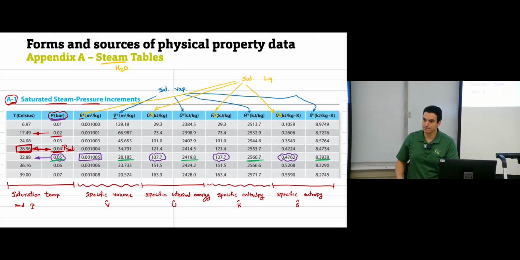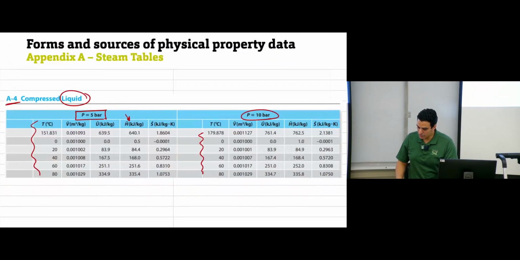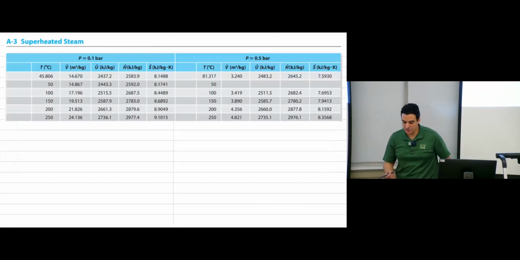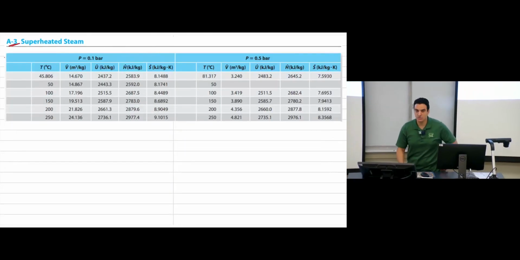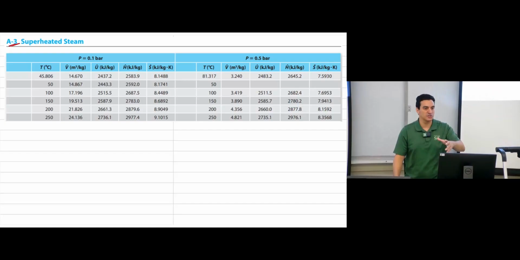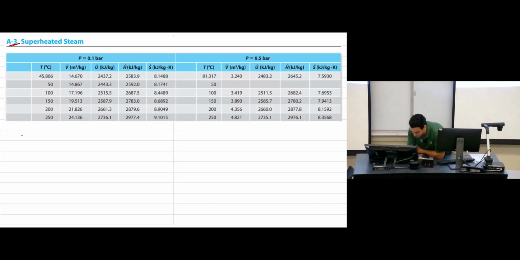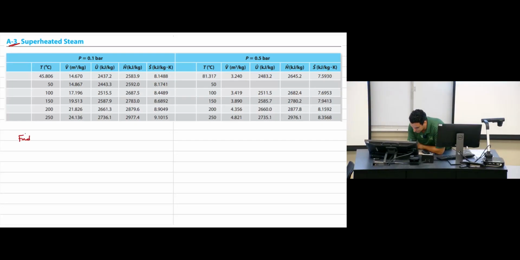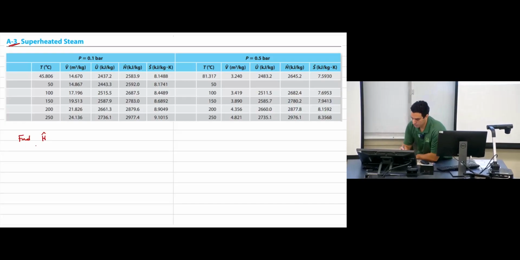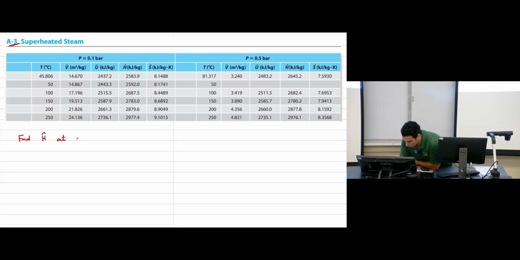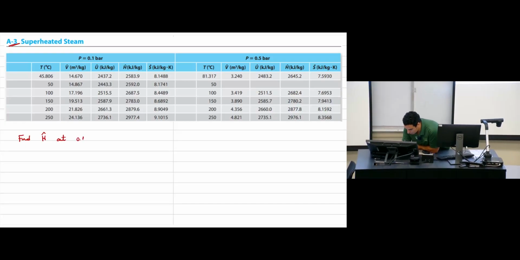Any questions? Okay. Last part here, let's get back to the A3 steam table. Now we see we need to make interpolation sometimes, right? So let's assume I tell you an example: I need to find the value of specific enthalpy at 0.4 bar and 220 degrees Celsius.